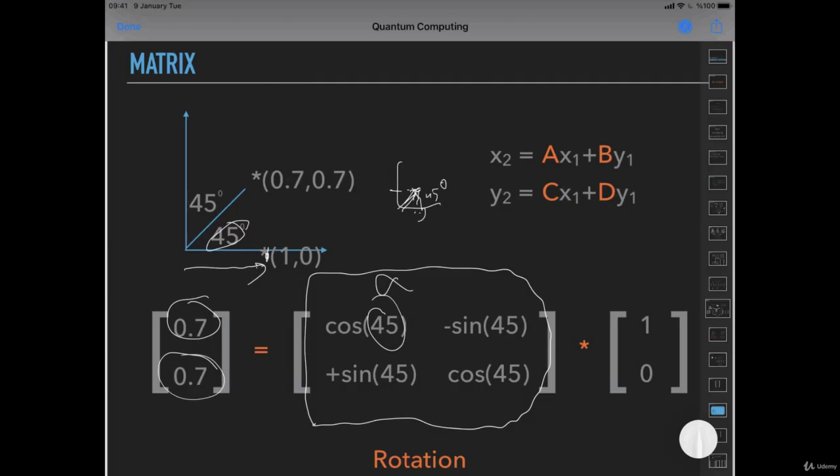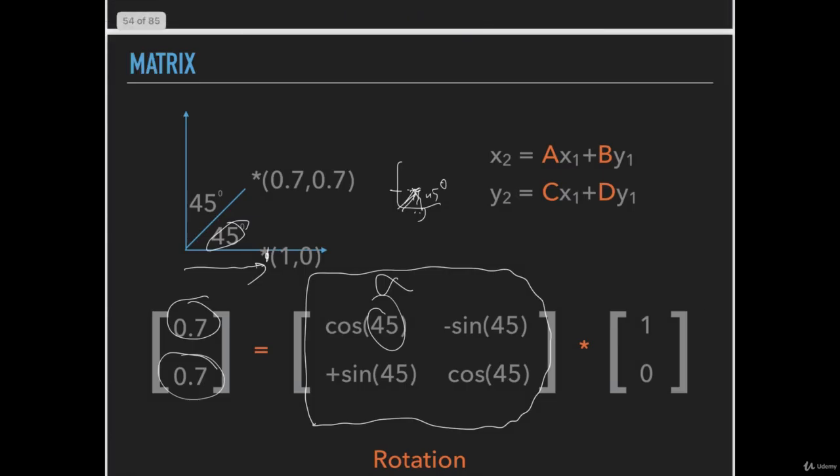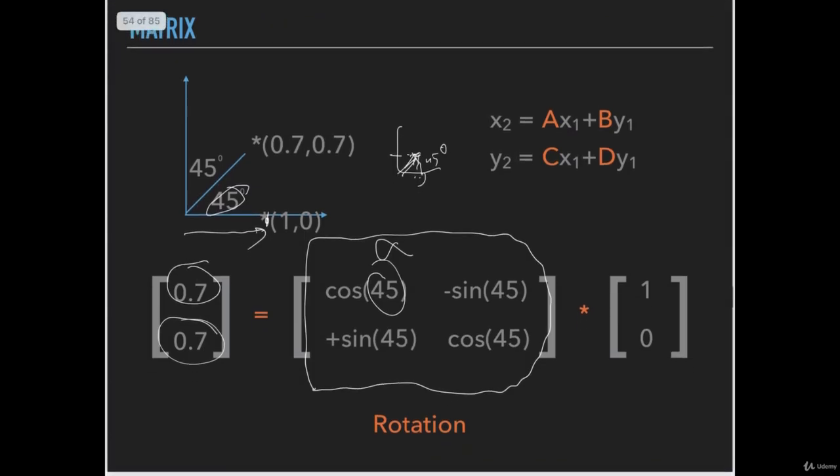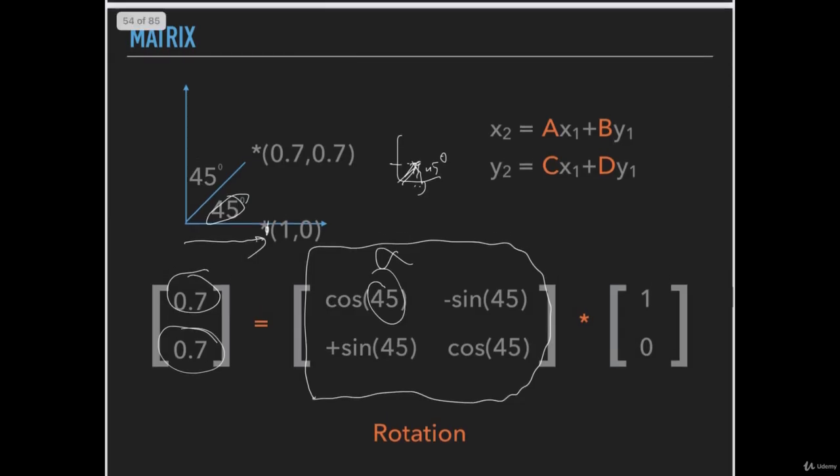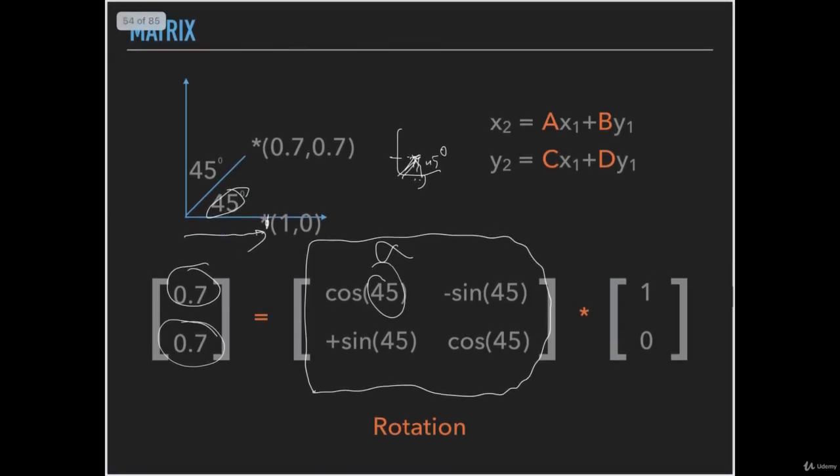Again, we're not going to do this with cosine or sine later on in the quantum computation part. I'm just showing you that this kind of formulation exists and this is how we do linear transformation, linear rotation over here. And we're going to be dealing with this kind of rotation in qubits all the time, because we will have a state vector representing some number like 1 or 0, and we're going to transform that state into another state.